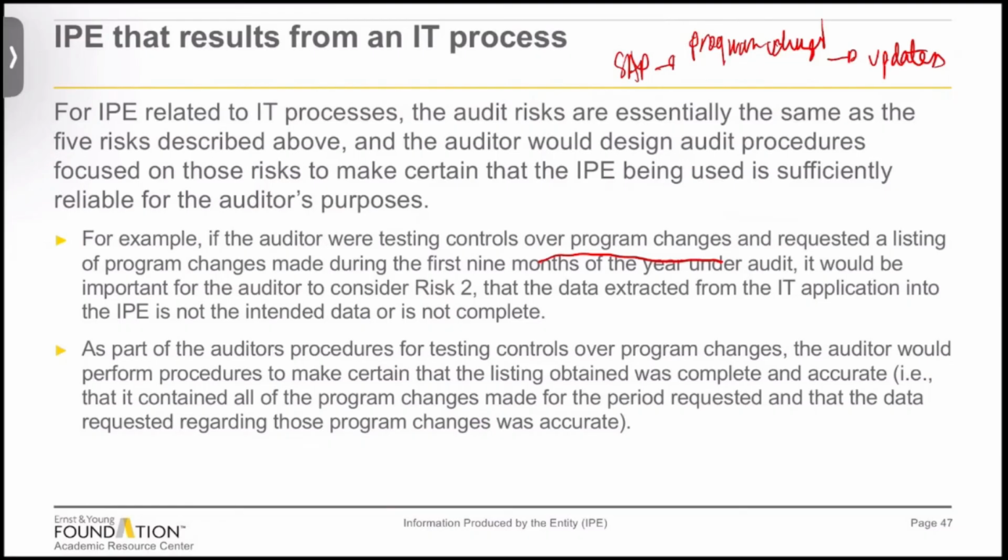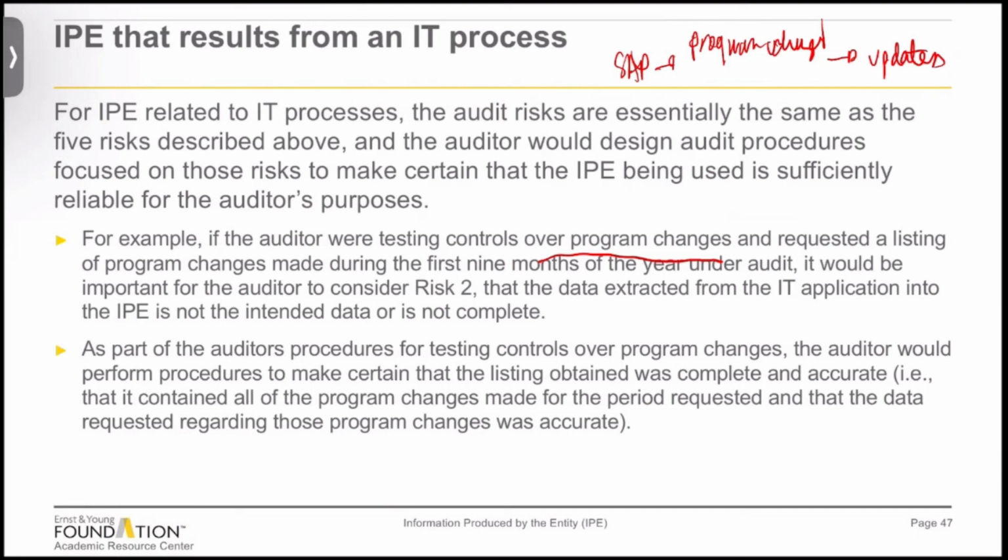So you're testing the controls over the program changes and requested a listing of program changes made during the first 9 months of the year under audit. It would be important for the auditor to consider risk 2 that the data extracted from the IT application into the IPE is not the intended data or is not complete.